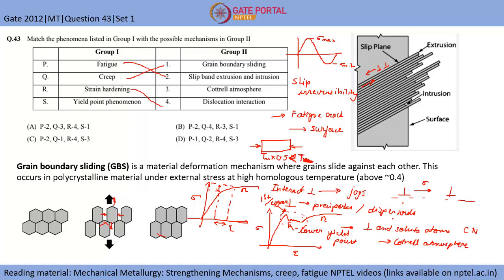This atmosphere leads to this abnormality in behavior, which is known as yield point phenomena. So S3. The correct answer is P2 Q1 R4 S3. So the correct option is option C.